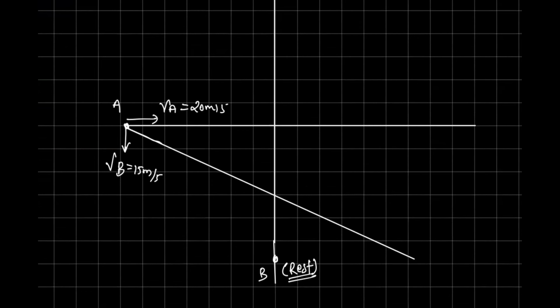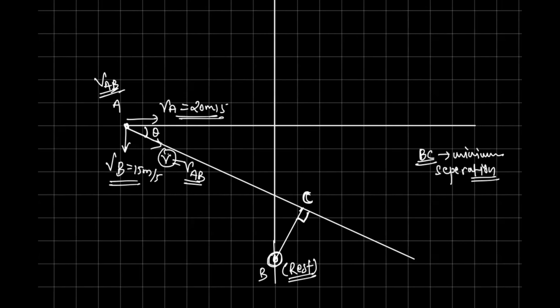Let's say this is the net velocity and this angle is theta. If you have to find the minimum separation, the minimum separation is going to be along the perpendicular line. Let me say this point is C, so this BC is our answer. This is our minimum separation. So it will move in this direction. Can I find out this angle theta? So I can say tan theta is equal to VB upon VA.